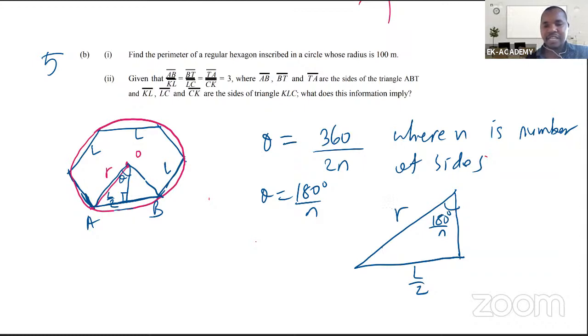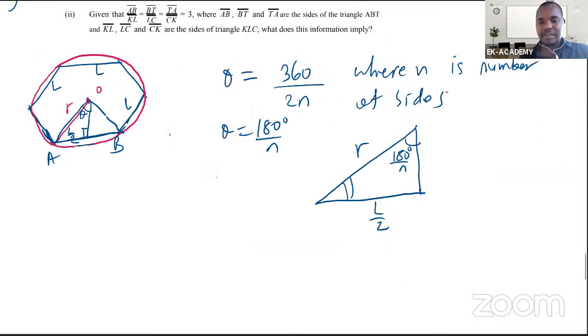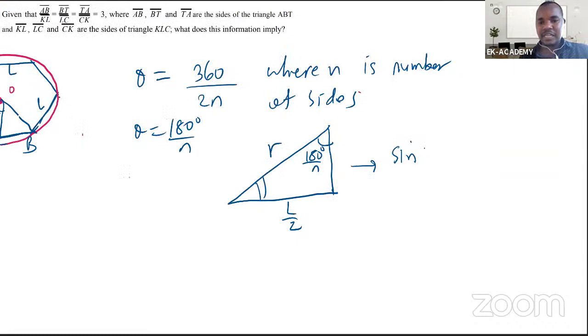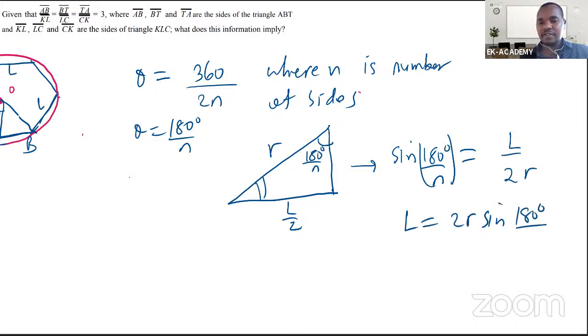We want to find the connection between L and R. So sine of 180 over n equals L over 2 divided by R. So L will be 2R sine of 180 divided by n.